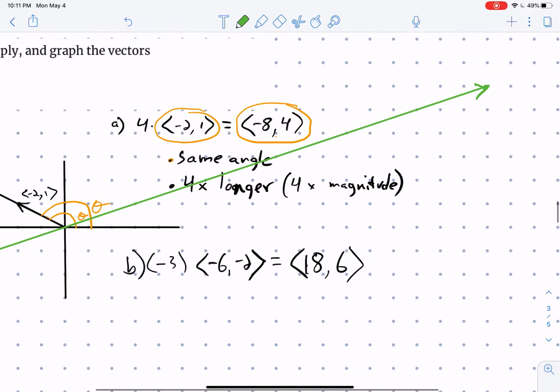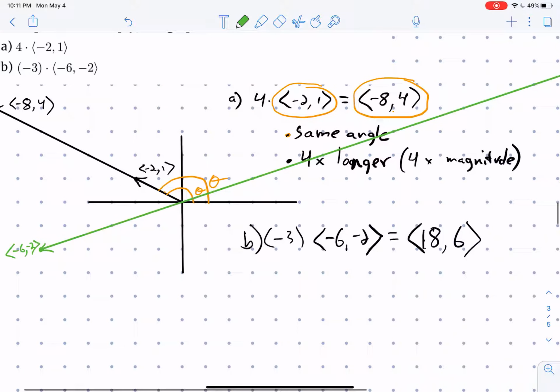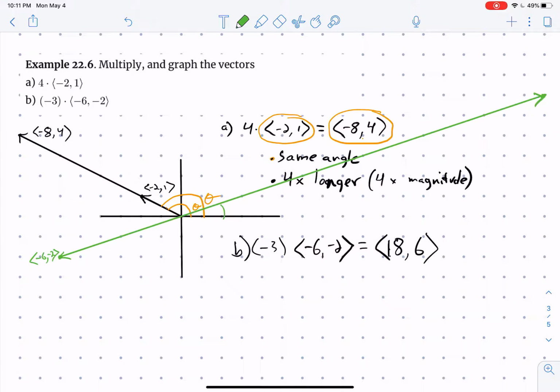Now, what do you notice? First of all, in terms of angle, this one seems to be exactly 180 degrees around the circle from the original. So if this is our new angle, our original angle was all the way over here. So it seems to have reversed the angle, or rather added or subtracted 180 degrees from the angle when we multiplied by a scalar. And why did it do that? Well, the reason is that there's a negative there. When you multiply by a negative scalar, it goes the opposite direction.